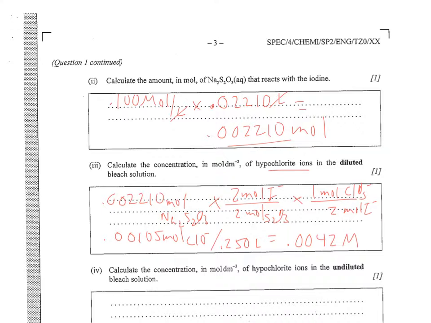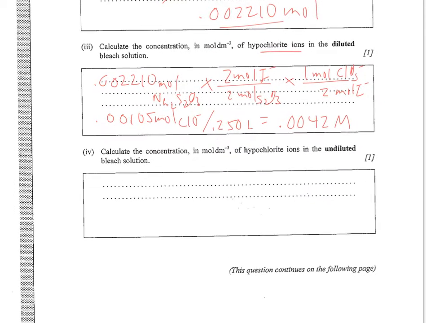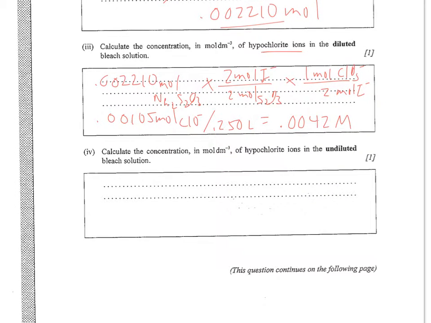Moving on to part 4, calculate the concentration in moles per liter of hypochlorite ions in the undiluted bleach solution. So this one's a little easier because I already know that I have 0.0420 molar, make sure you can see my decimal.